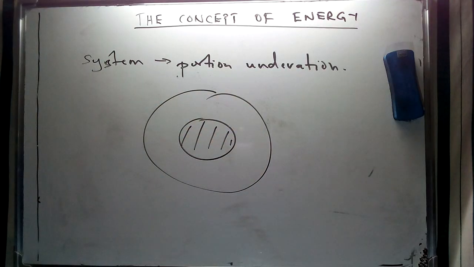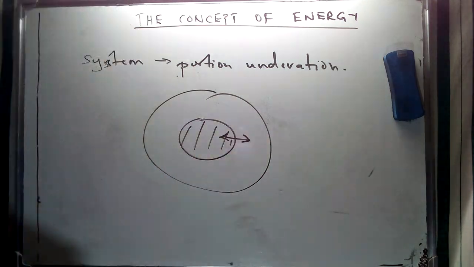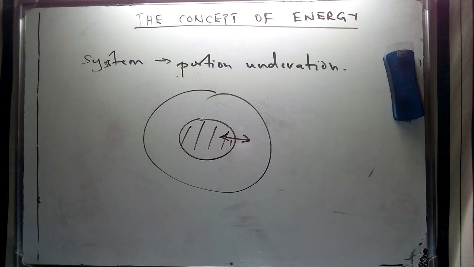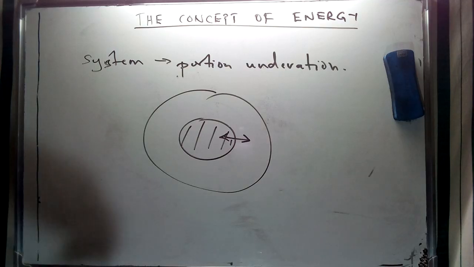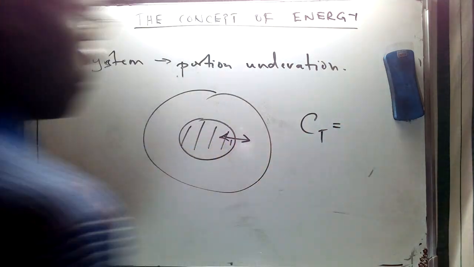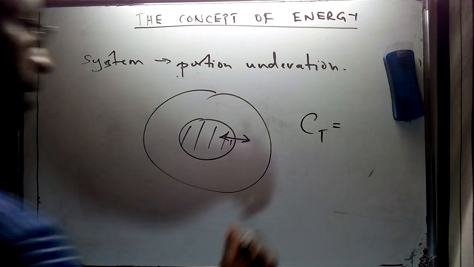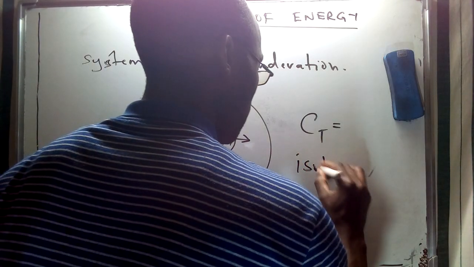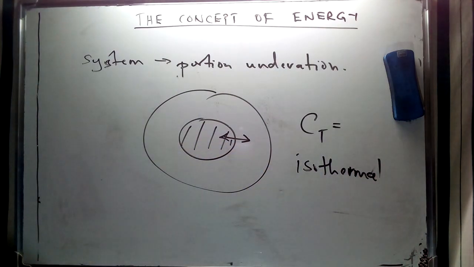So if the heat is allowed to flow from the surrounding into the system, or vice versa, as illustrated, we're going to see that the changes are such that the system and the surrounding are maintained at constant temperature. There's a specific term that we're going to refer to this system, and it's going to be referred to as isothermal, or isothermic.